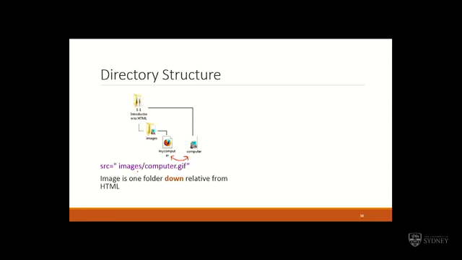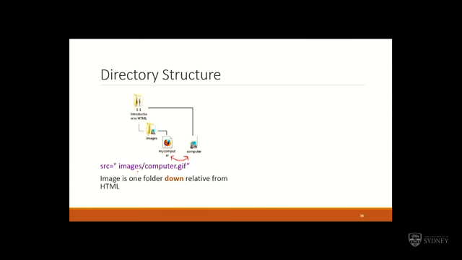You could specify a link to that computer.gif with images/my folder/computer.gif. So this chains. If you want to look down the folder hierarchy, so to speak, you can just specify the names of folders.